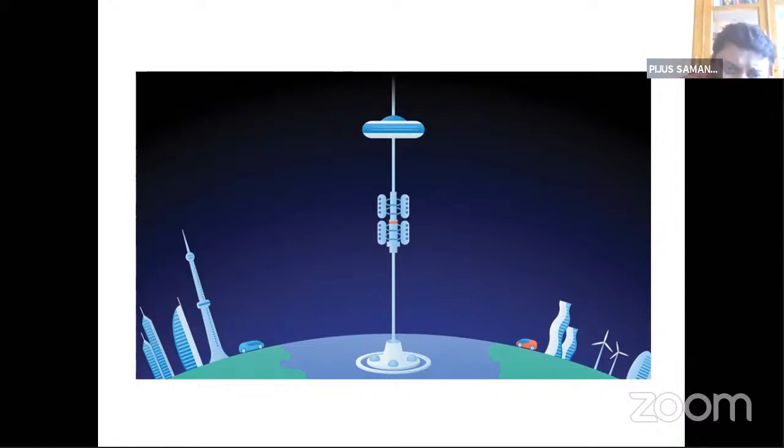You can connect your base station by some kind of fiber, not optical fiber, or some kind of rope or thread. If you want to send any kind of device, you can send it this way. So this is the concept of the space elevator.